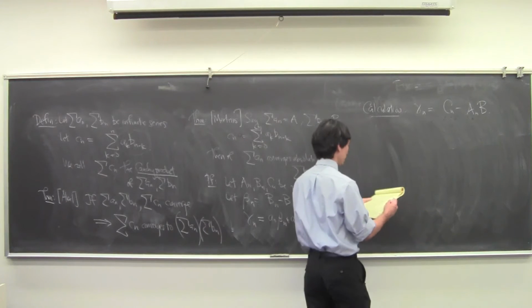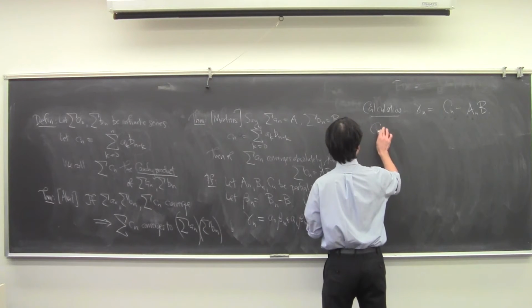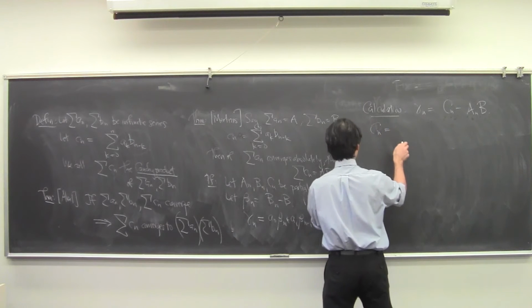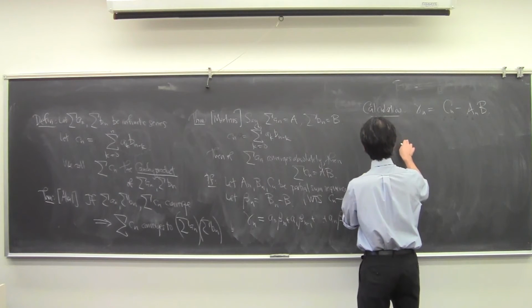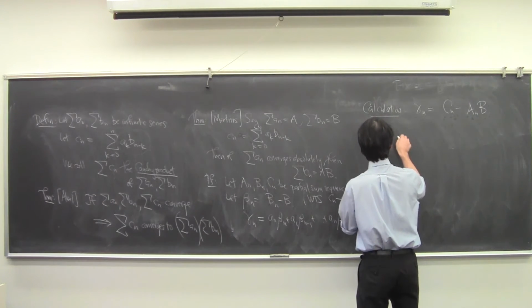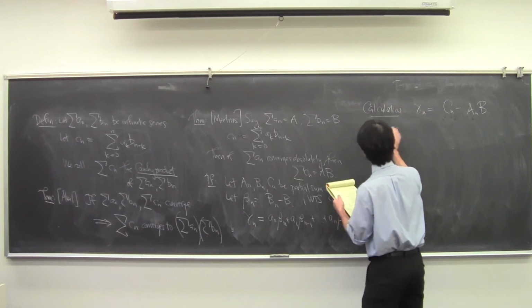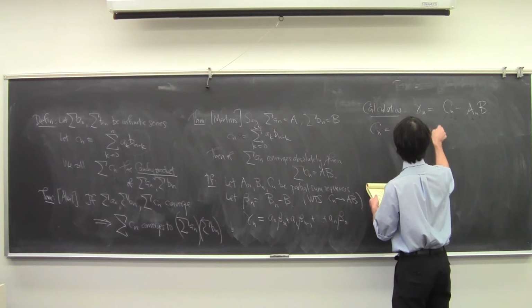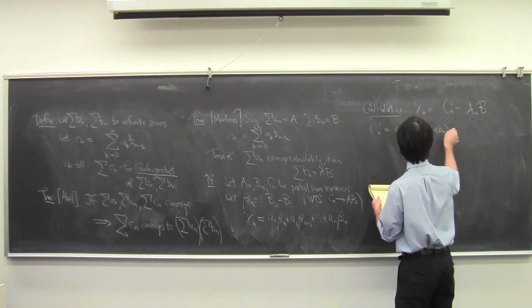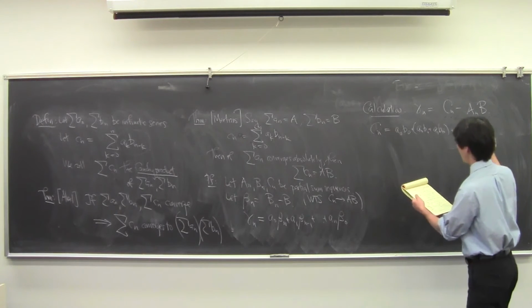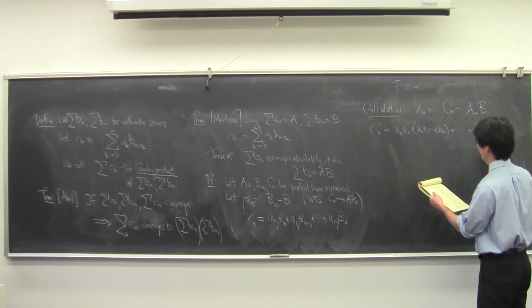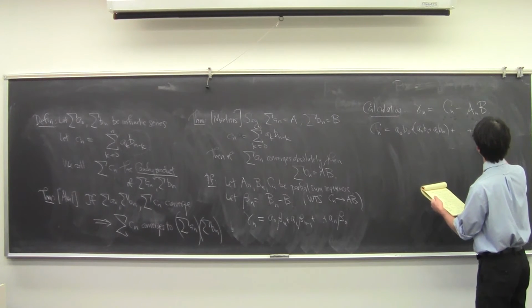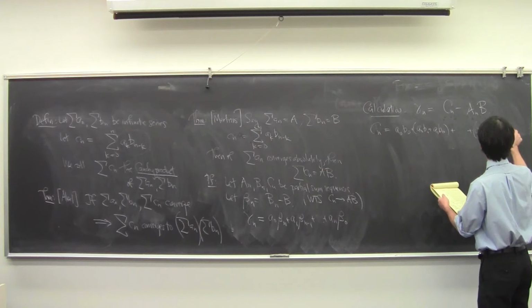Look at C sub n. By definition, C sub n is A naught B naught plus A naught B1 plus A1 B naught plus, and so on, up to the nth term of the Cauchy product, A naught Bn plus A n B naught.